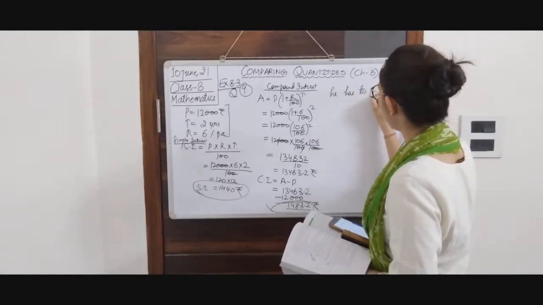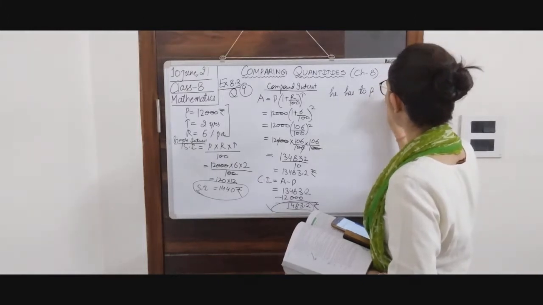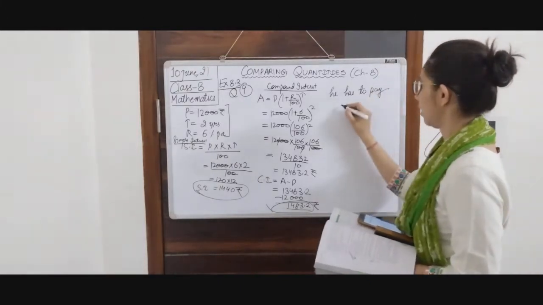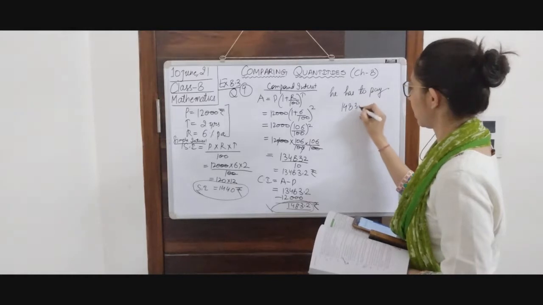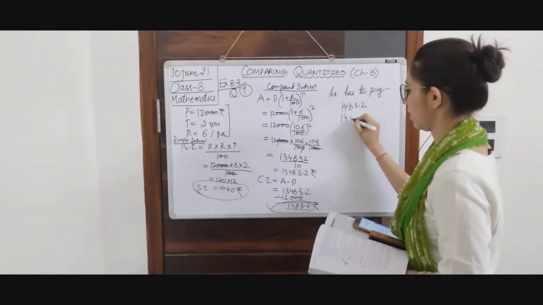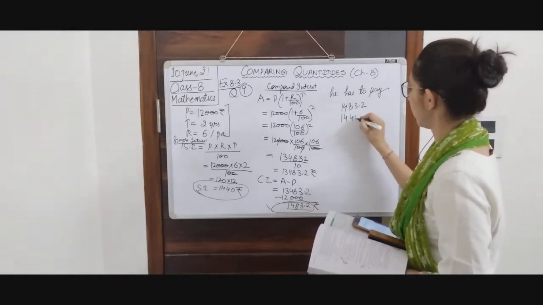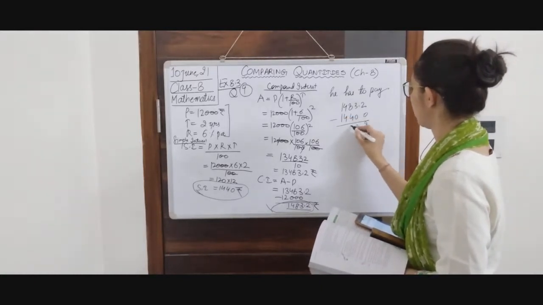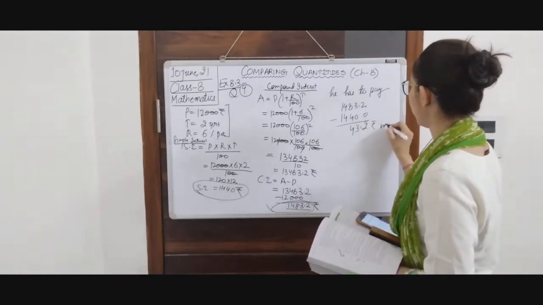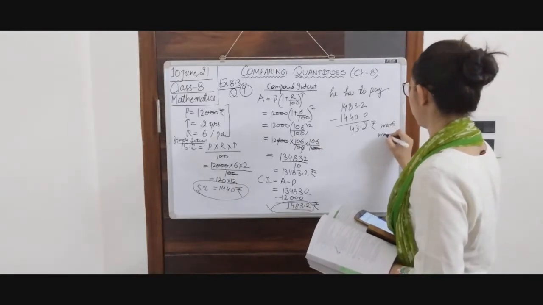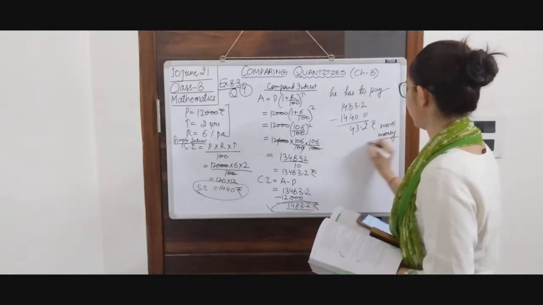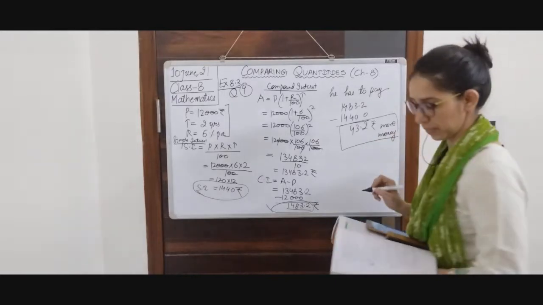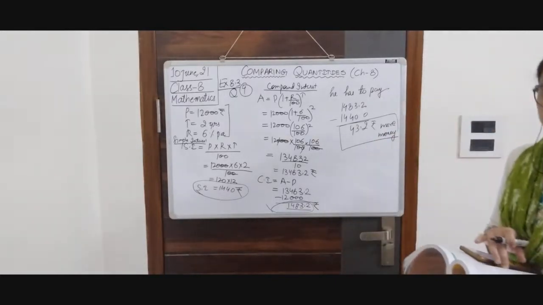He has to pay 1483.2 minus 1440, this much more money. This is your answer.